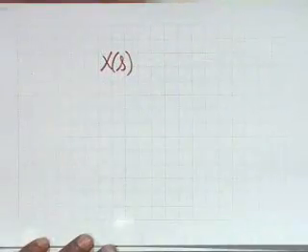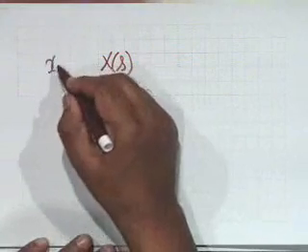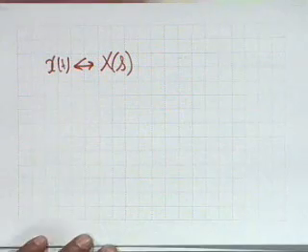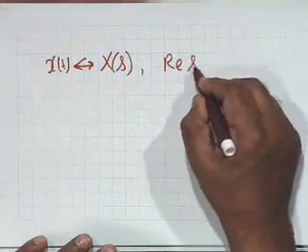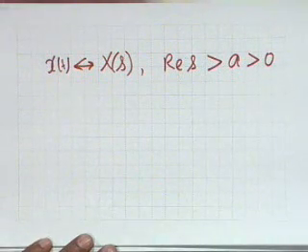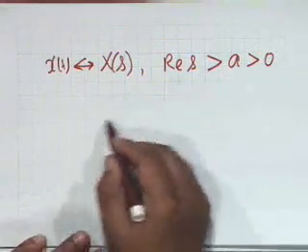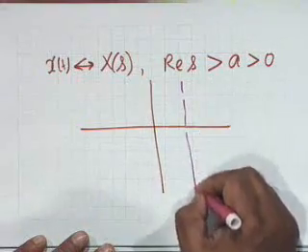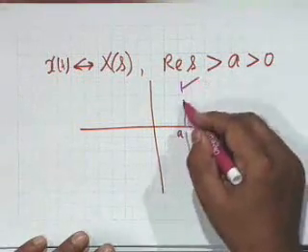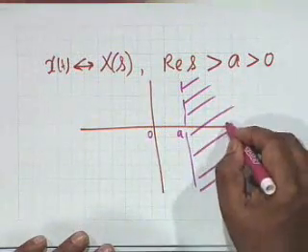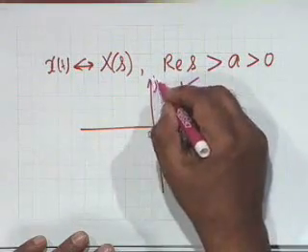Suppose there is an x of t whose Laplace transform is X of s, follow this point carefully, which converges for, let us say, real part of s greater than a, where a is positive. Which means that the region of convergence is, there is an a somewhere here, and the region of convergence is this. This is the j omega axis, this is sigma and this is j omega.